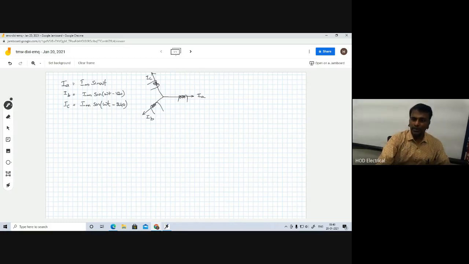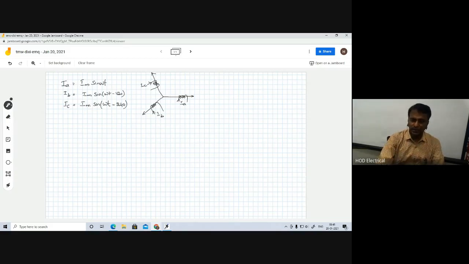So now let me change the variable here. This is not three-phase. So this is the current which is flowing through this is IA, and the current which is flowing through this is IC. Then current which is flowing through this is IB. So like that, three phases.